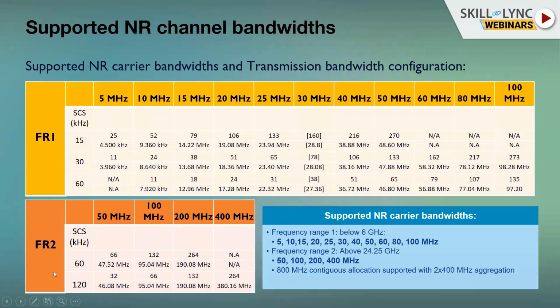The transmission bandwidth configuration for each base station channel and subcarrier spacing is specified in these 2 tables for frequency ranges FR1 and FR2. Remember, as mentioned previously, multiple component carriers can be aggregated to achieve up to 6.4 gigahertz of transmission bandwidth.